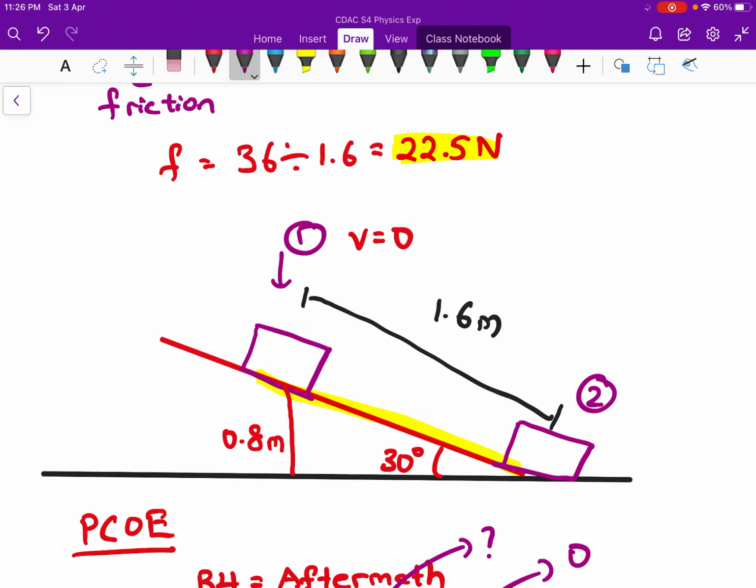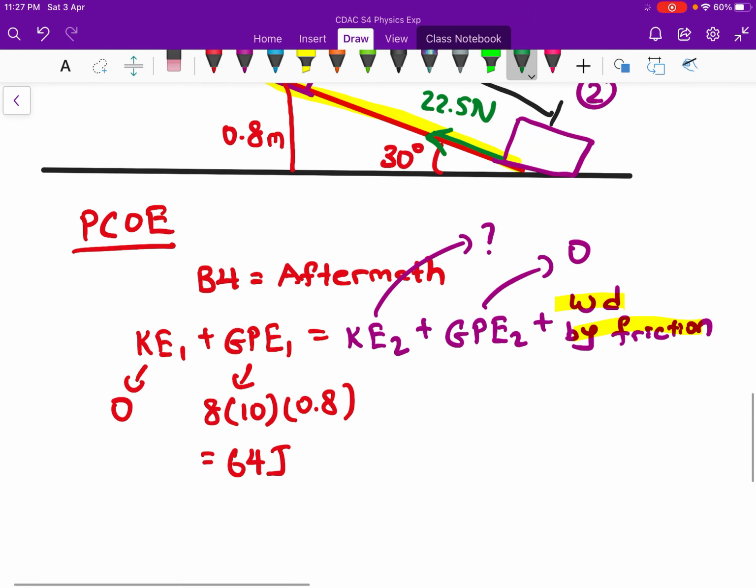So this frictional force is 22.5 Newton, and it travels a distance of 1.6 meter. You just put frictional force times distance, where frictional force is 22.5 and distance is 1.6.